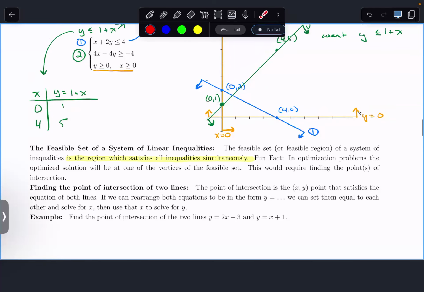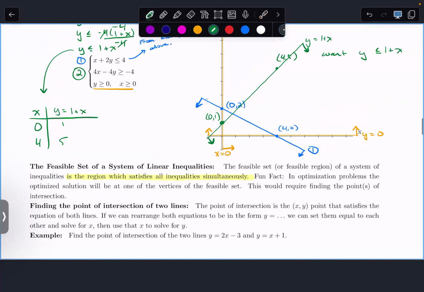And so what can we do? In the feasible set here, if we draw it, the feasible set for that system looks like this.